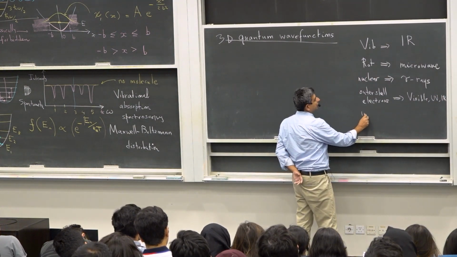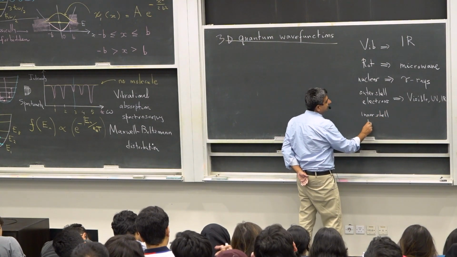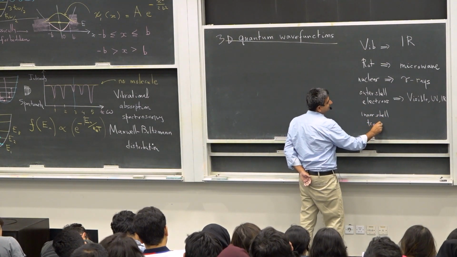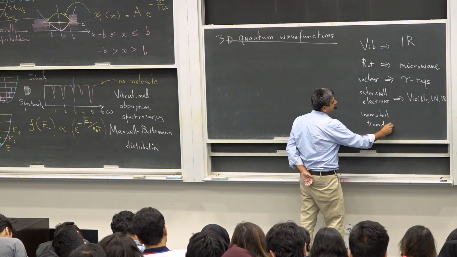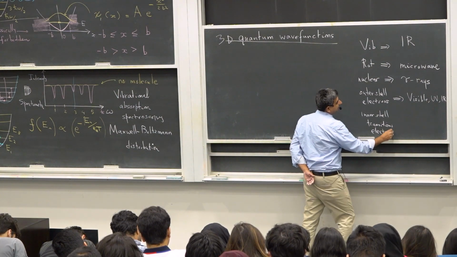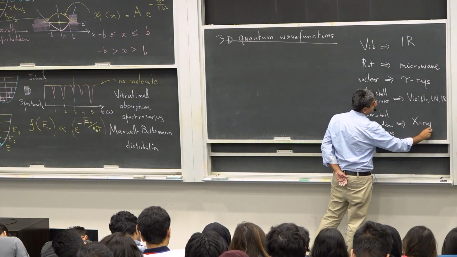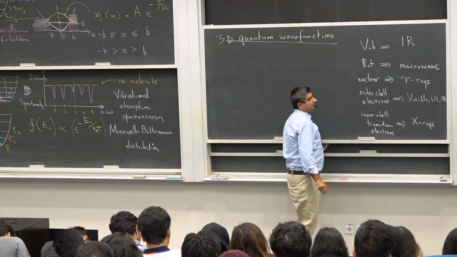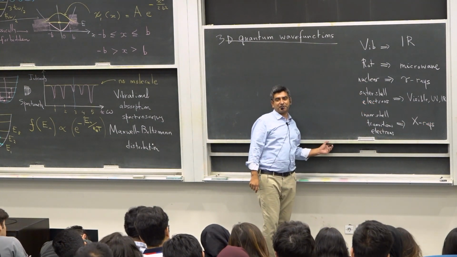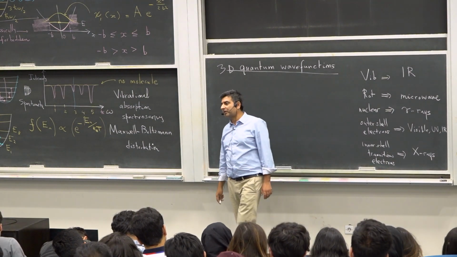Inner shell electron transitions in heavy atoms generally give you X-rays. Nuclear spin energy level transitions give you radio frequencies, as we dealt with in NMR.